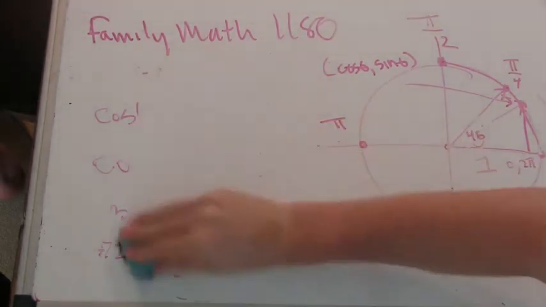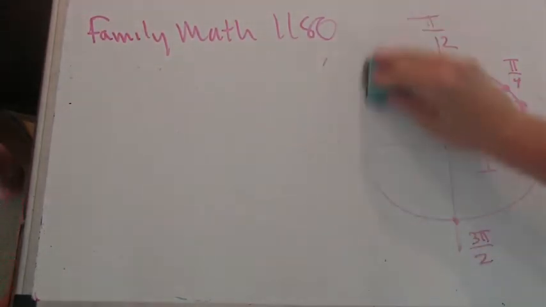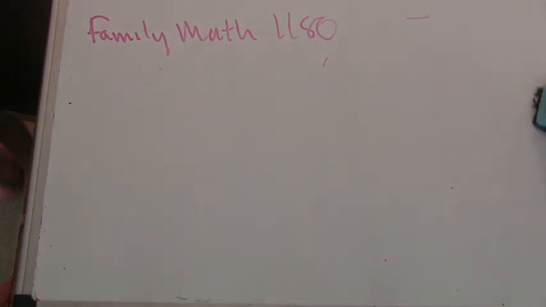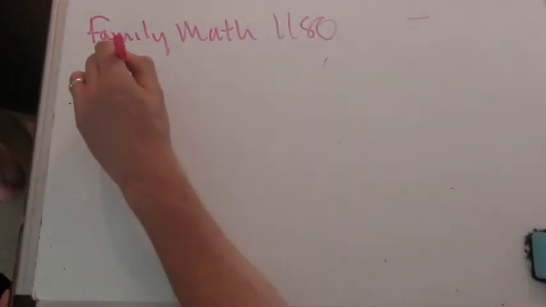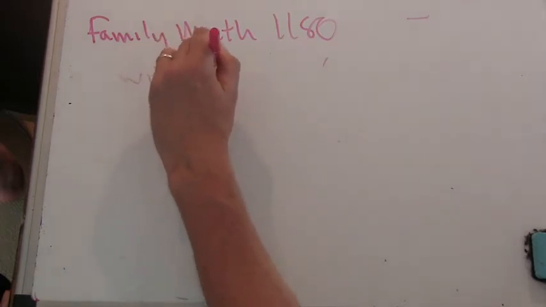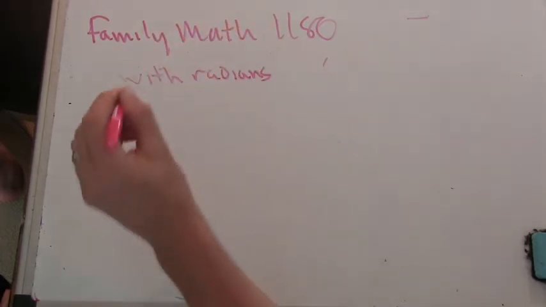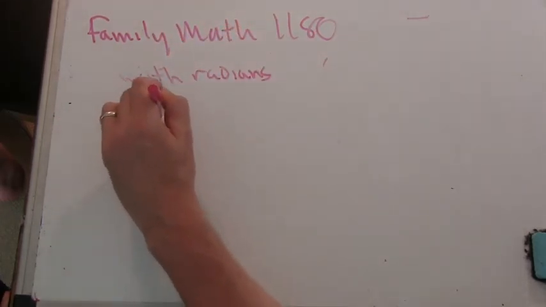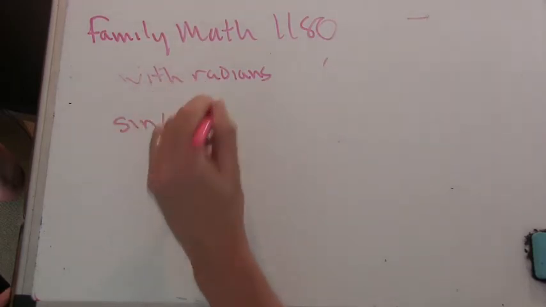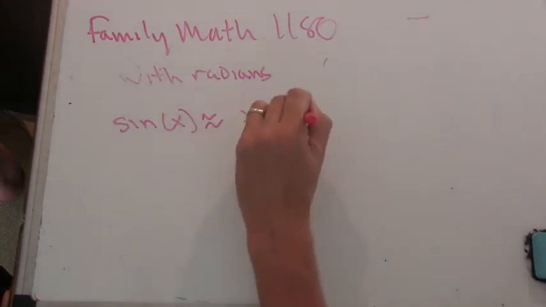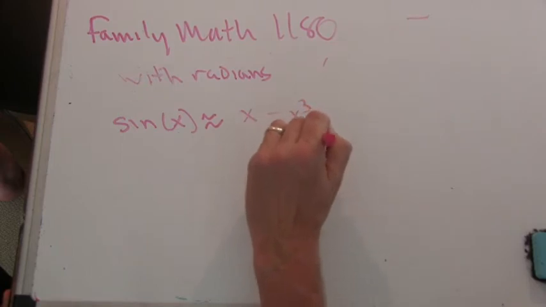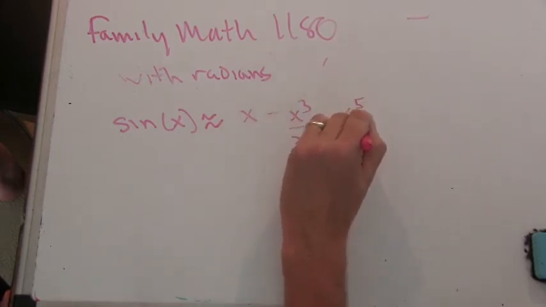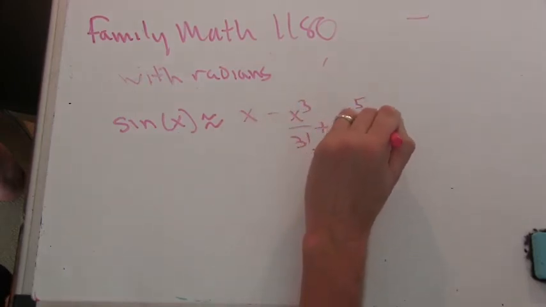So it turns out that there are many functions where you can find natural ways of talking about them. And when you find this way with radians, sine x is approximately equal to x minus x cubed over 3 factorial plus x to the 5th over 5 factorial plus that.